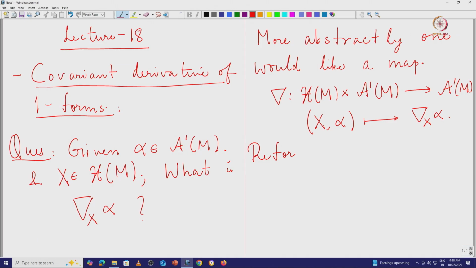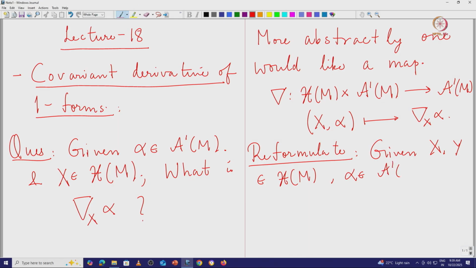In other words, one can reformulate the question. What is a one form after all? That's just a C infinity linear map on the space of all vector fields. So one can reformulate this question as follows: given X and Y, two vector fields, and given a one form alpha, what is the derivative of alpha with respect to X acting on this vector field Y?